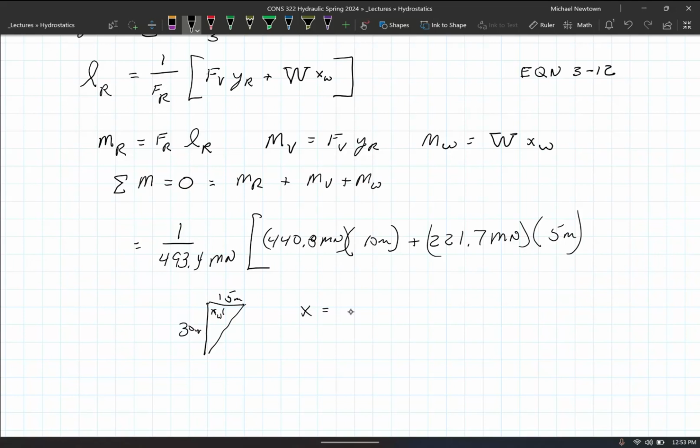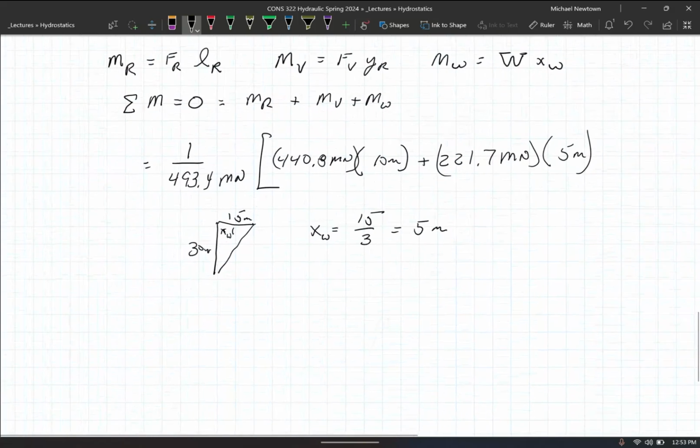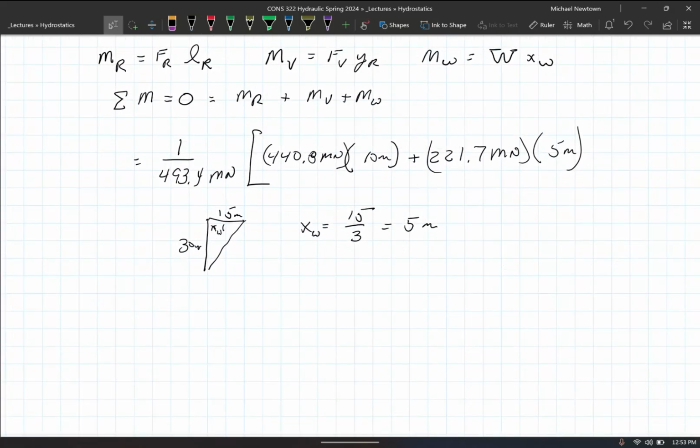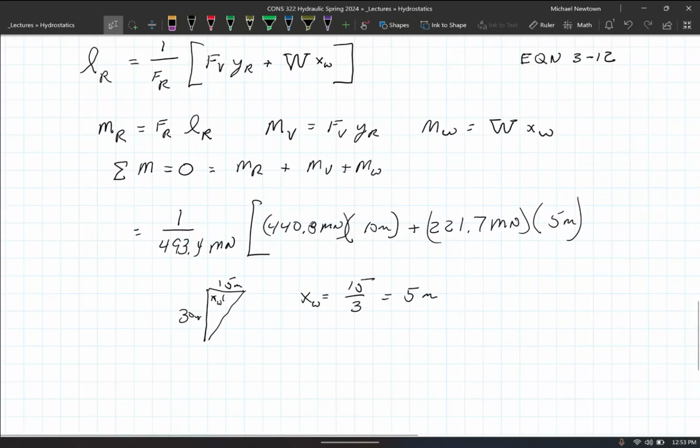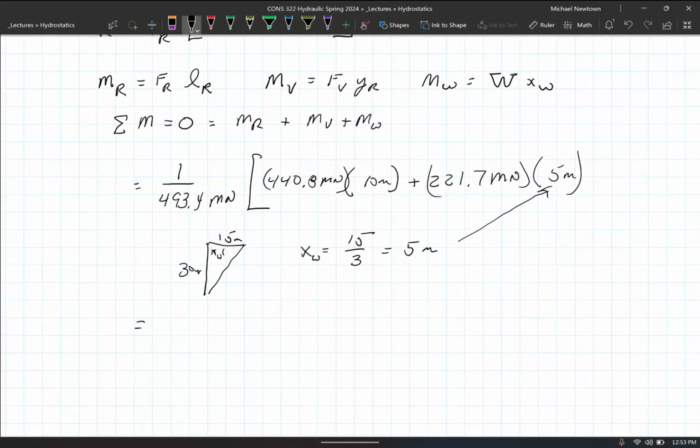XW equals 15 divided by 3 equals 5 meters. So that's our location for that, and that's where the 5 came from in this equation. When we get all done, we solve this, we're 11.1 meters. That's the other answer. So your COP will be over there.